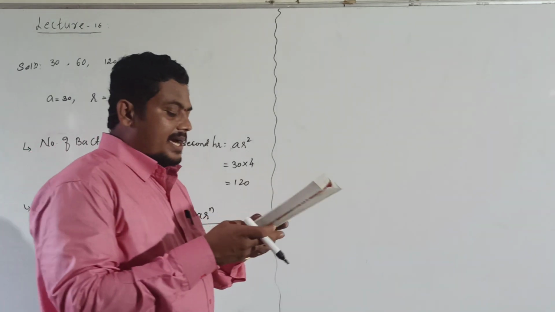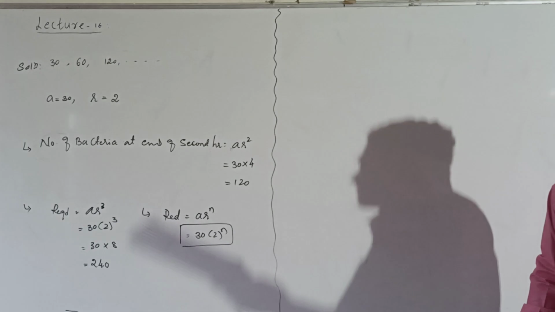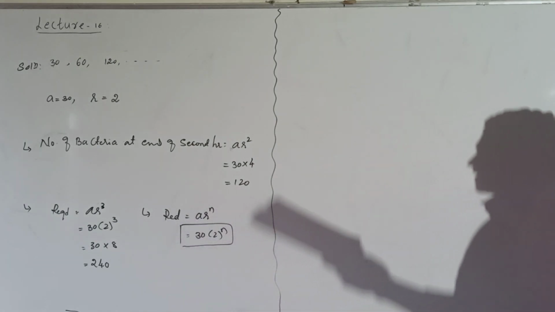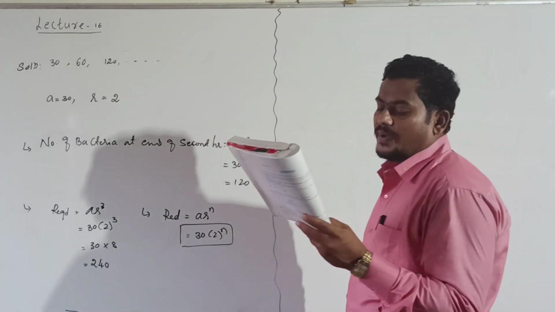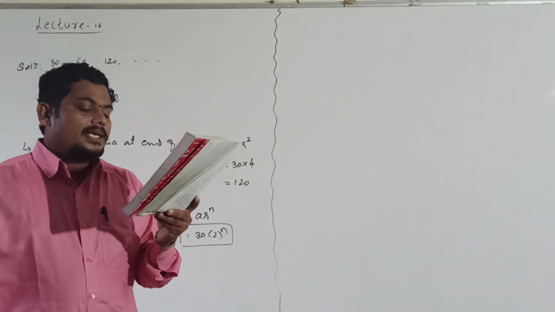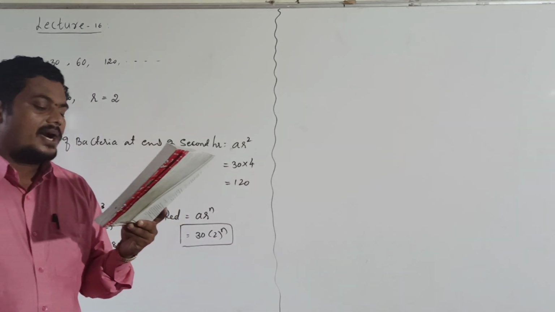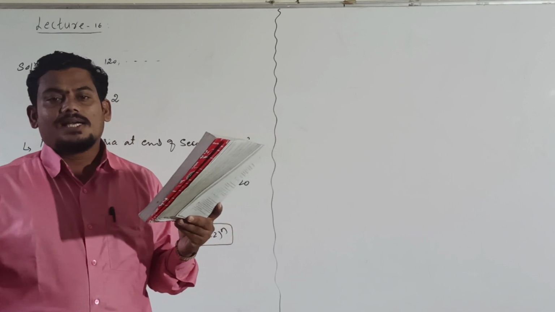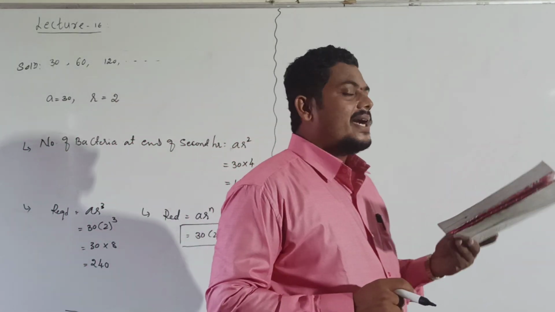If AM and GM of roots of a quadratic equation are 8 and 5 respectively, then obtain the quadratic equation. Once again, the question: if AM and GM of roots of a quadratic equation are 8 and 5 respectively, then obtain the quadratic equation.